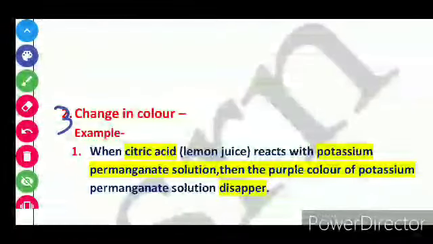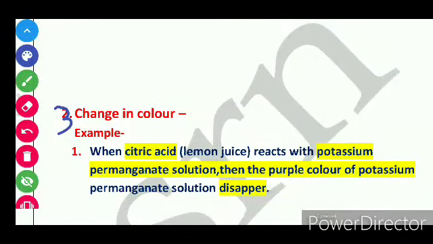Properties of chemical reaction: change in color. Some chemical reactions are characterized by a change in color.